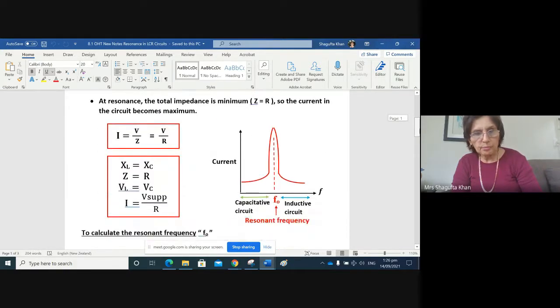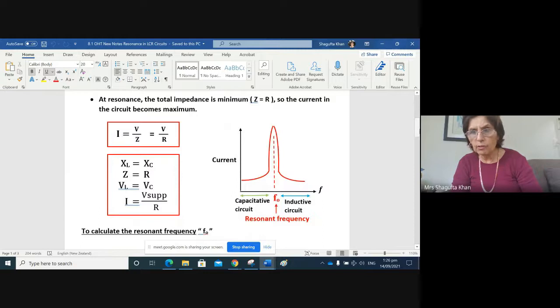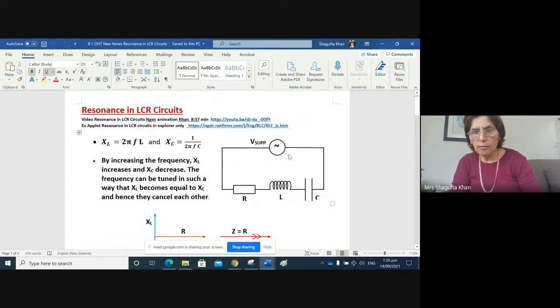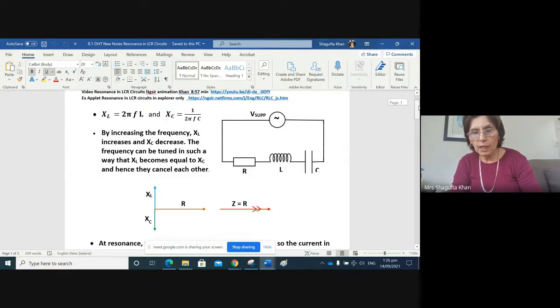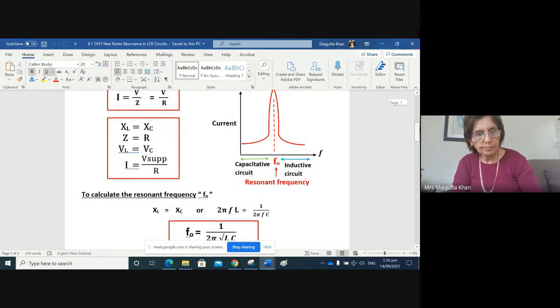Now, another thing, this particular frequency, when XL and XC become exactly equal, is called the resonant frequency. And so what happens at resonance is XL is equal to XC. Those are equal and opposite as you looked up here.